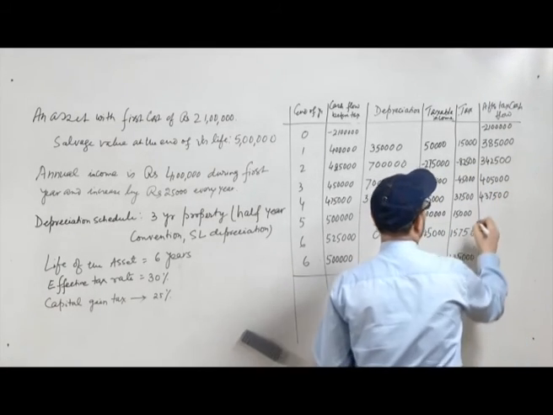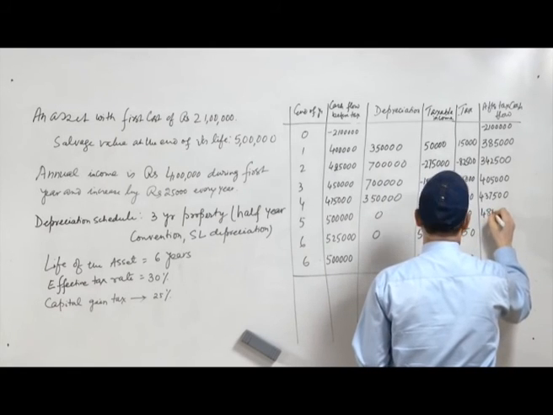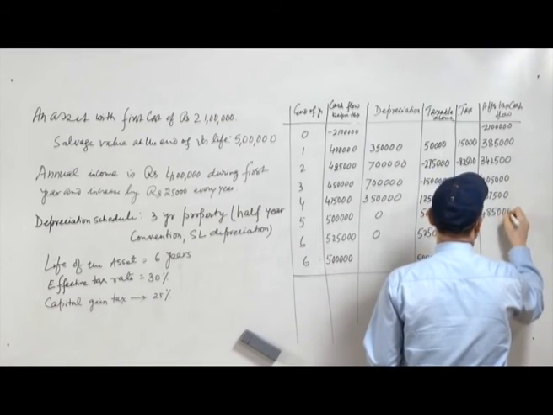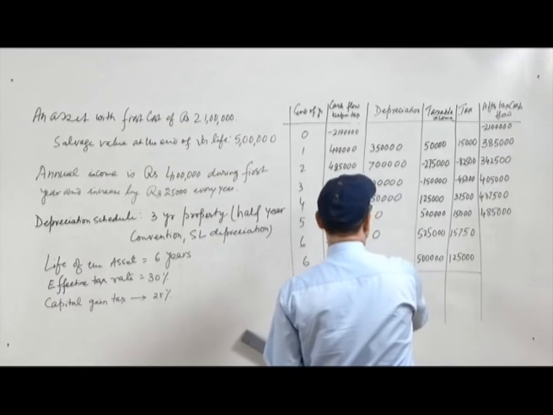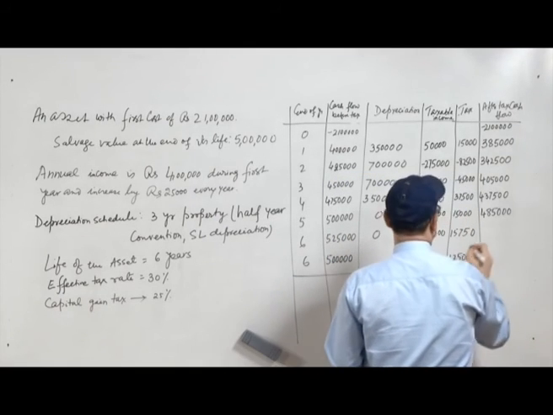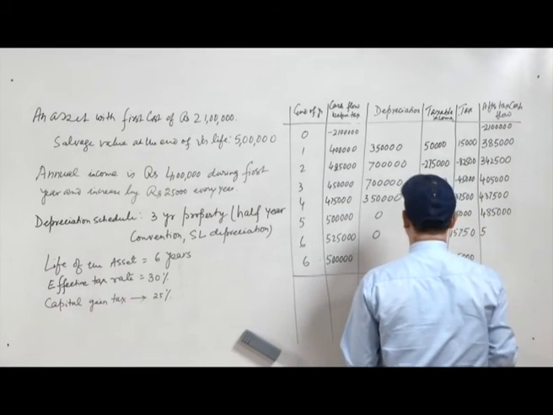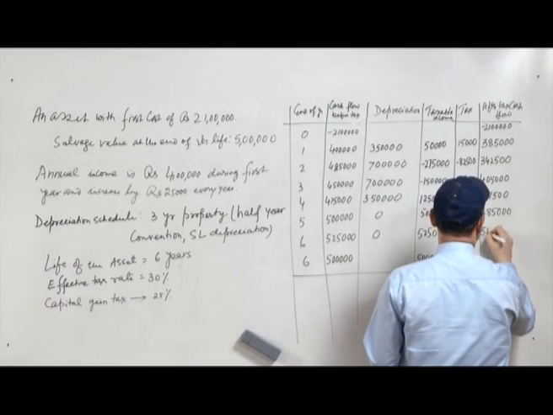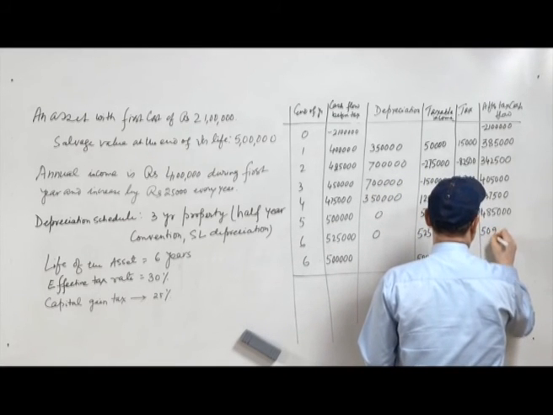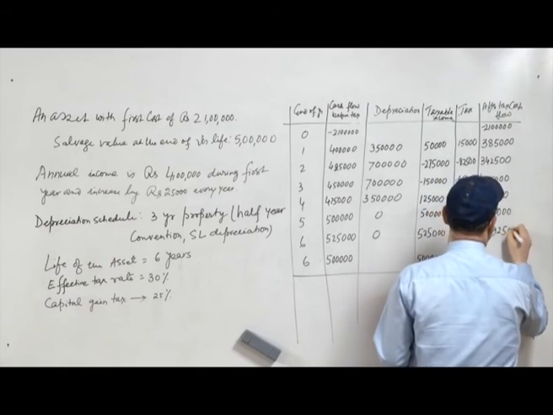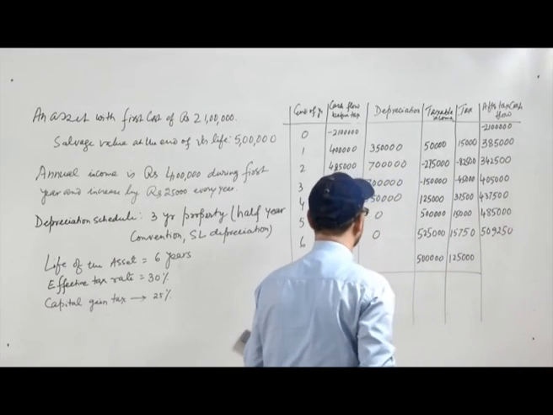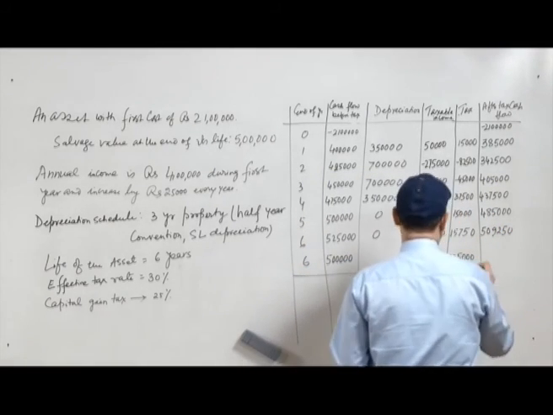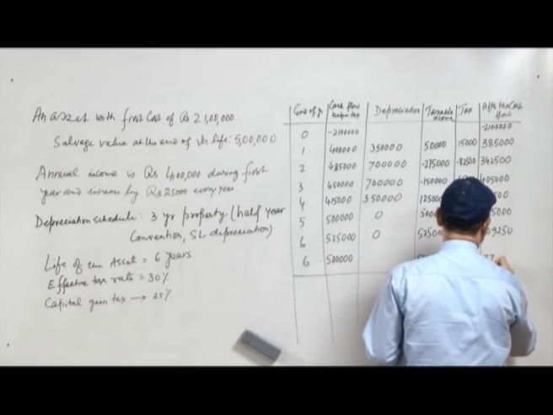This will be 4,85,000, and this will be 5,09,250, and this will be basically 3,75,000.